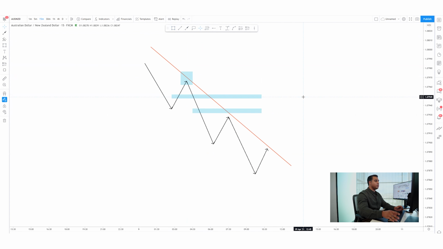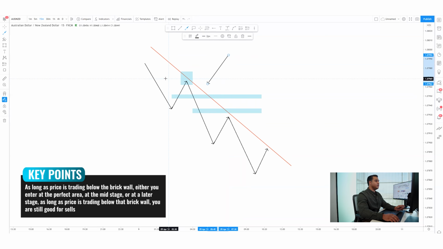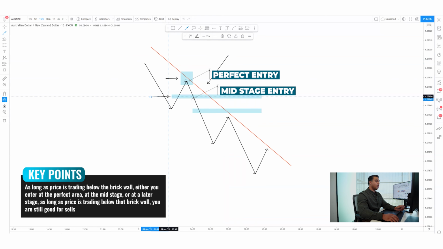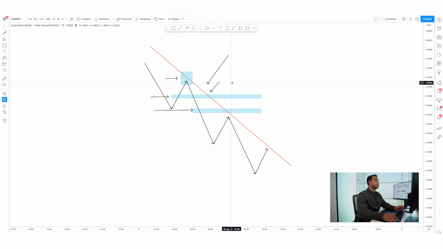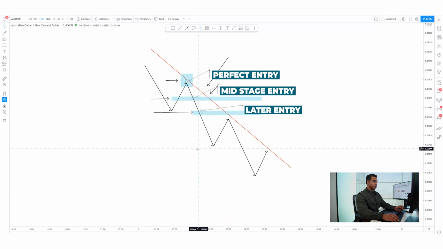So with this example, what I want you to understand is this principle: as long as price is trading below the brick wall, whether you enter at the perfect area, at the mid stage, or at a later stage, you are still good for sells. Now, I'm going to illustrate this for you with 3 examples: a perfect entry, a mid stage entry, and a late stage entry, and you can see it for yourselves.